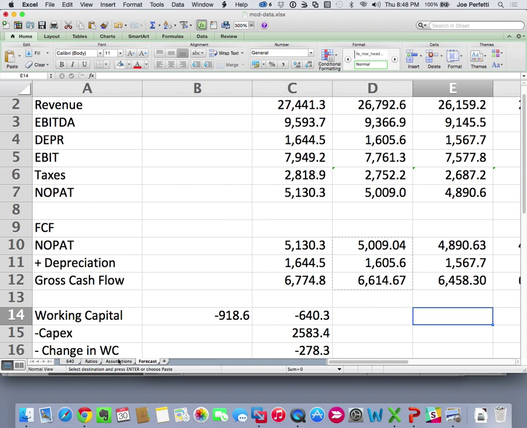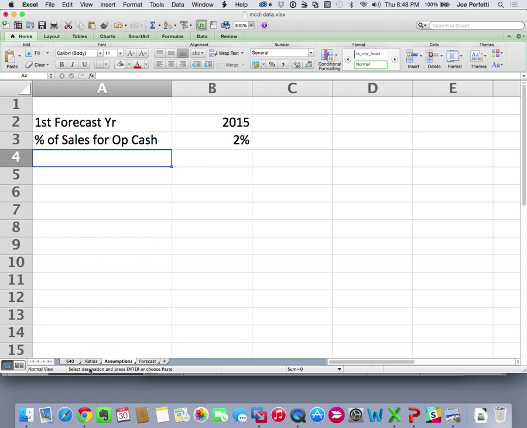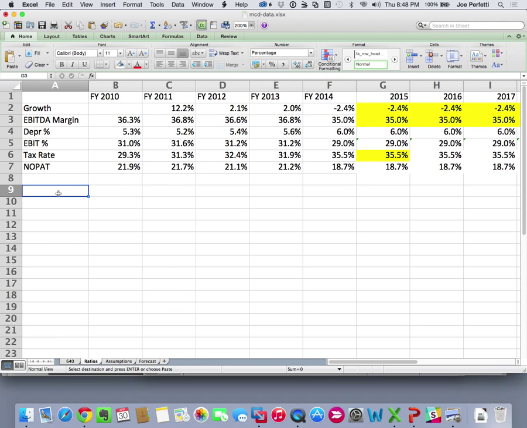I'm going to go back to my ratios, and I'm going to create a concept known as the reinvestment rate for a business. Remember that from last week?